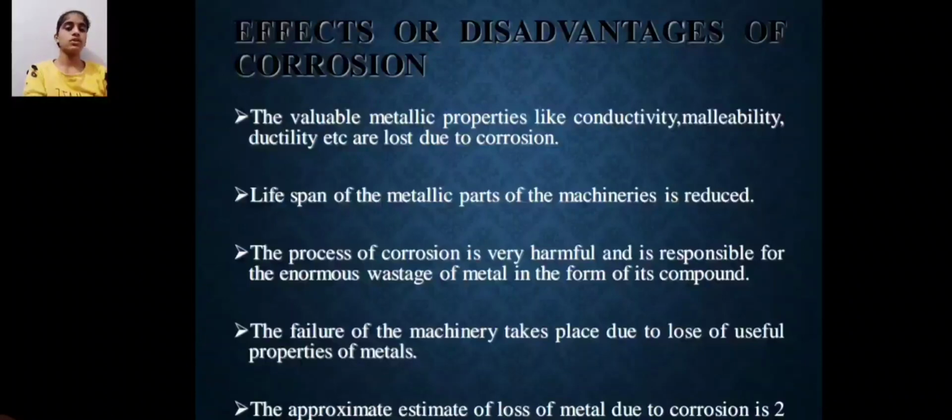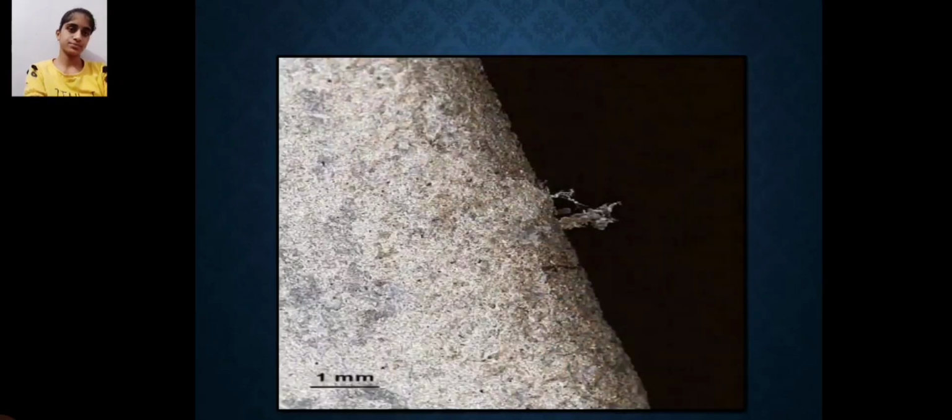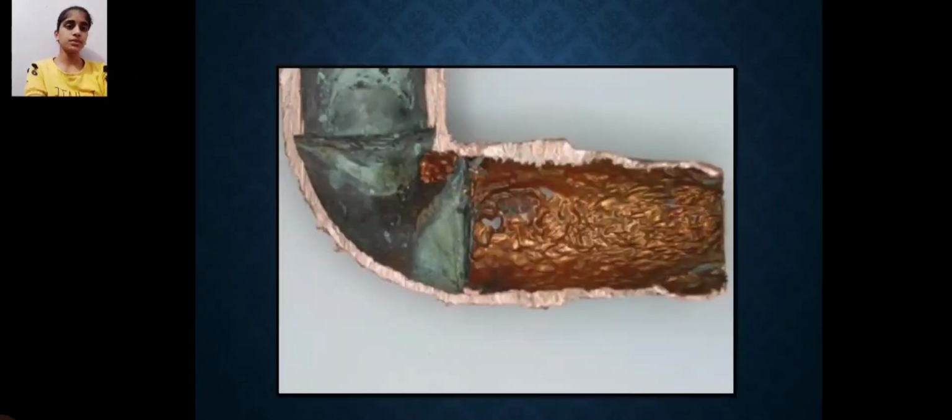The failure of the machinery takes place due to loss of useful properties of metals. The approximate estimate of loss of metal due to corrosion is $2 to $2.5 billion per annum all over the world. Then here is the picture of the rusting. This is also a picture of rusting.